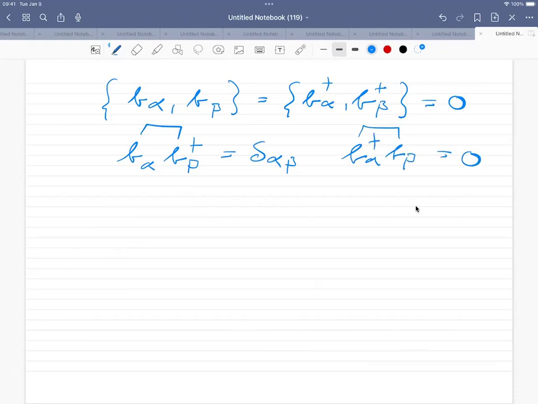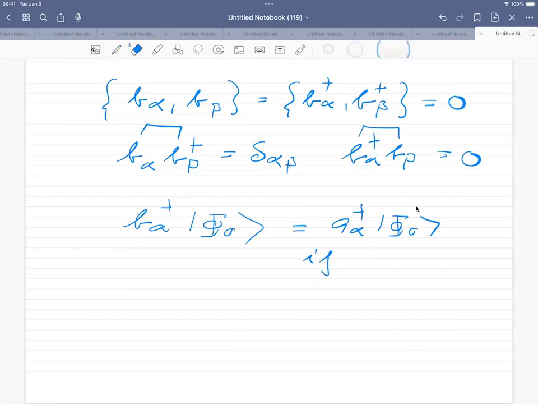So when I act with this B alpha dagger on a state phi 0, I have to be careful a little bit, because this is equal to A alpha dagger on phi 0 if alpha is not contained in phi 0, because if it is contained, it is equal to 0.